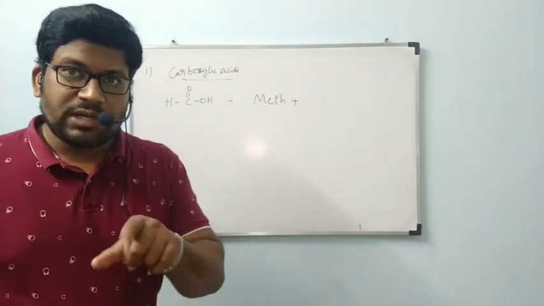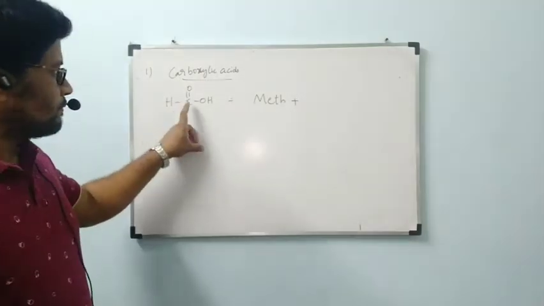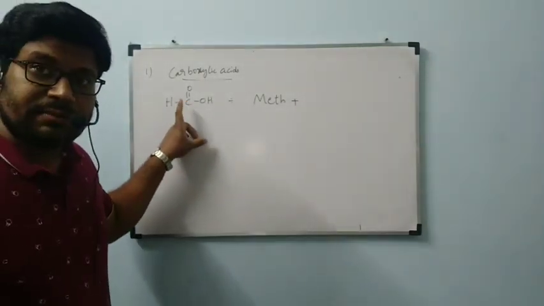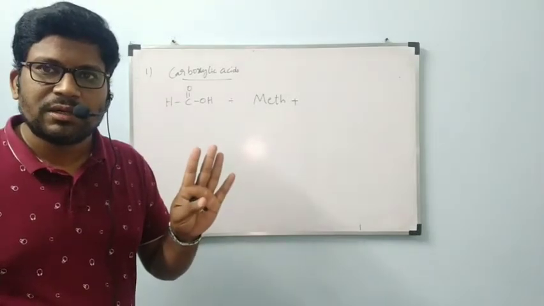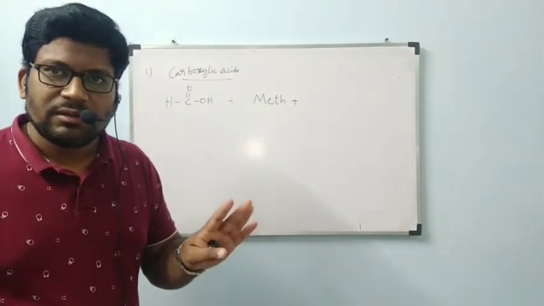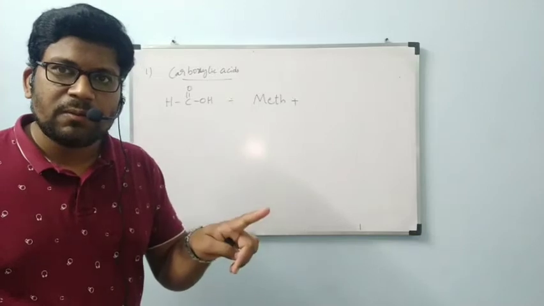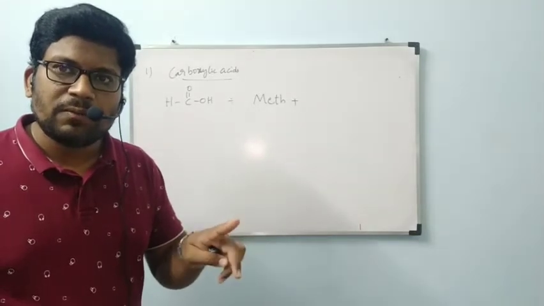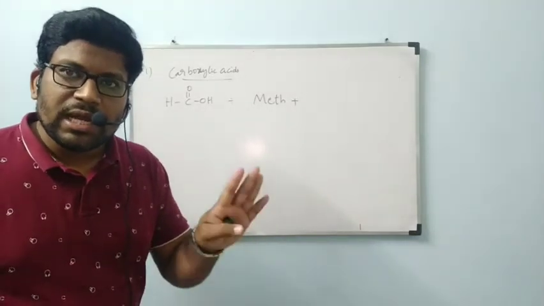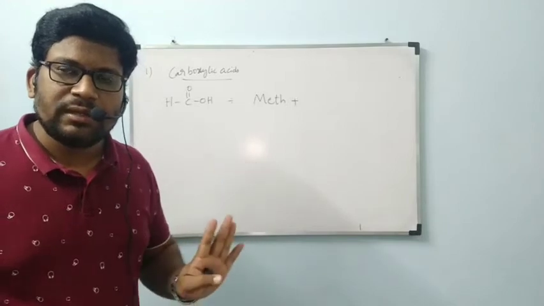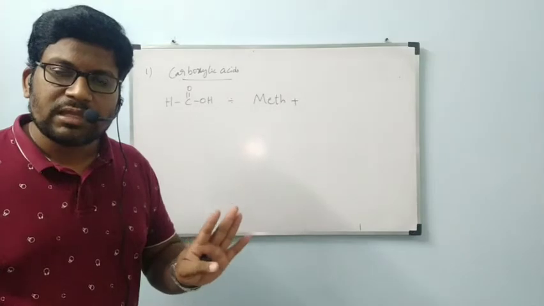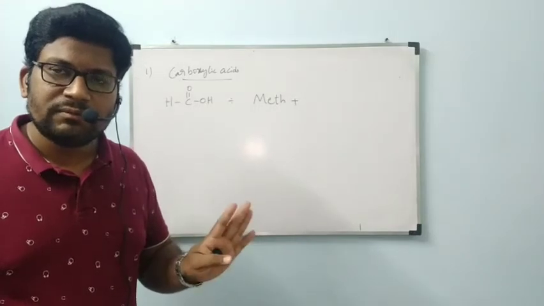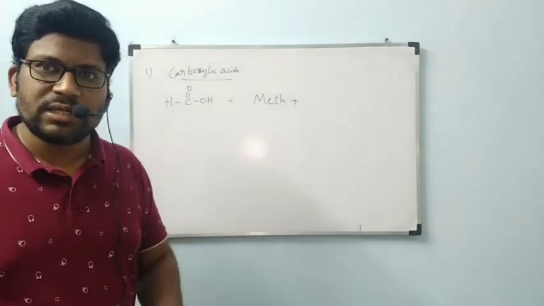No. Actually a double bond is there, but it is present between carbon and oxygen. We should not consider a carbon-oxygen double bond as unsaturation. Only if we have a carbon-carbon double bond or triple bond do we give ene and yne respectively. Otherwise, we give an only, meaning all are single bonds.